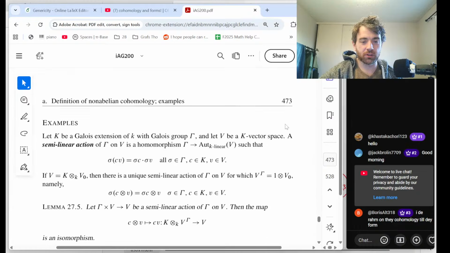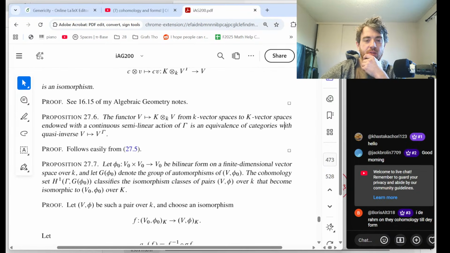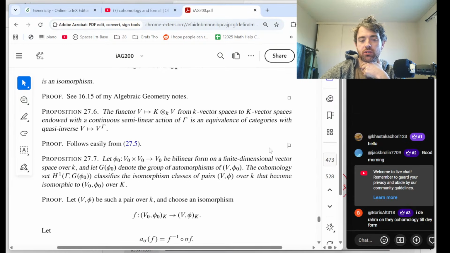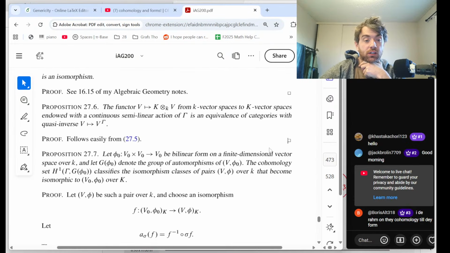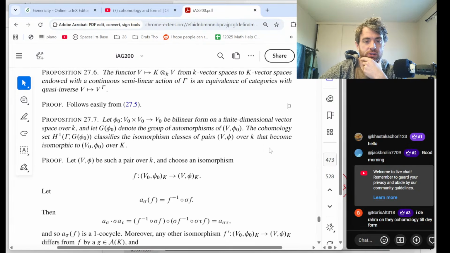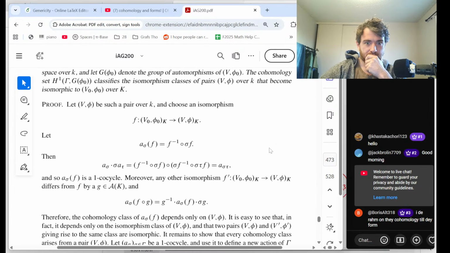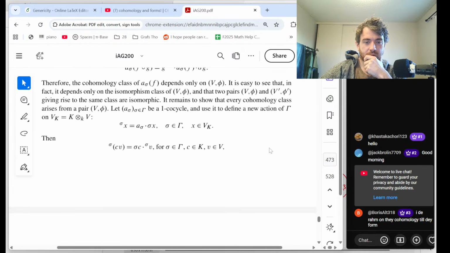Where were we here? We were looking at semilinear actions, right? The functor from K-spaces to K-spaces endowed with continuous semilinear action is an equivalence of categories with quasi-inverse there.